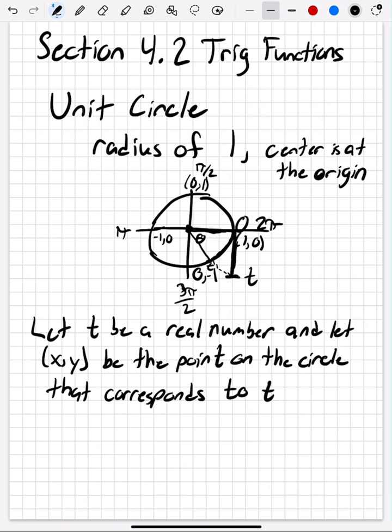Okay. So out of this drawing, I know the drawing's not much, but we'll say that x and y are right there. Okay.